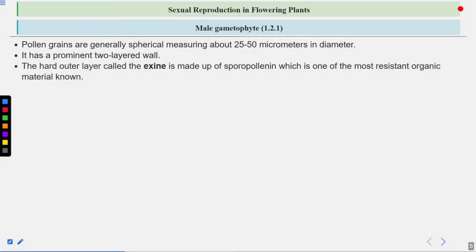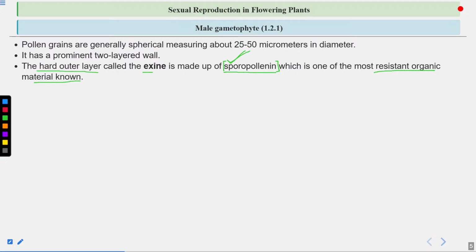Now, the hard outer layer called exine is made up of sporopollenin. This is the chemical constituent of it, called sporopollenin, which is the most resistant organic material known. Now we can think about what is the organic substance of which this sporopollenin is made.